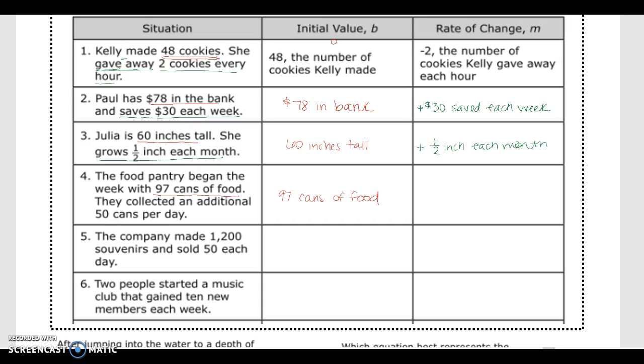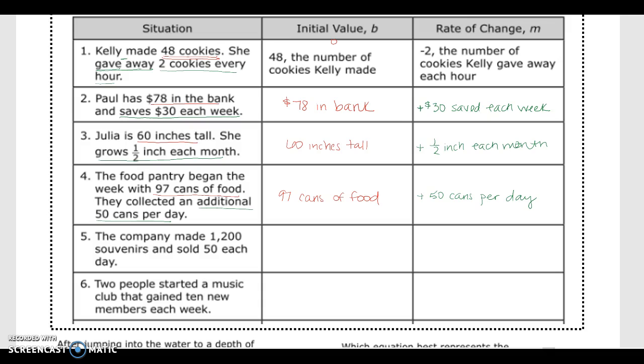Right, and then it says they collected an additional 50 cans per day. So we're adding or taking away? Right, we're adding 50 cans per day.